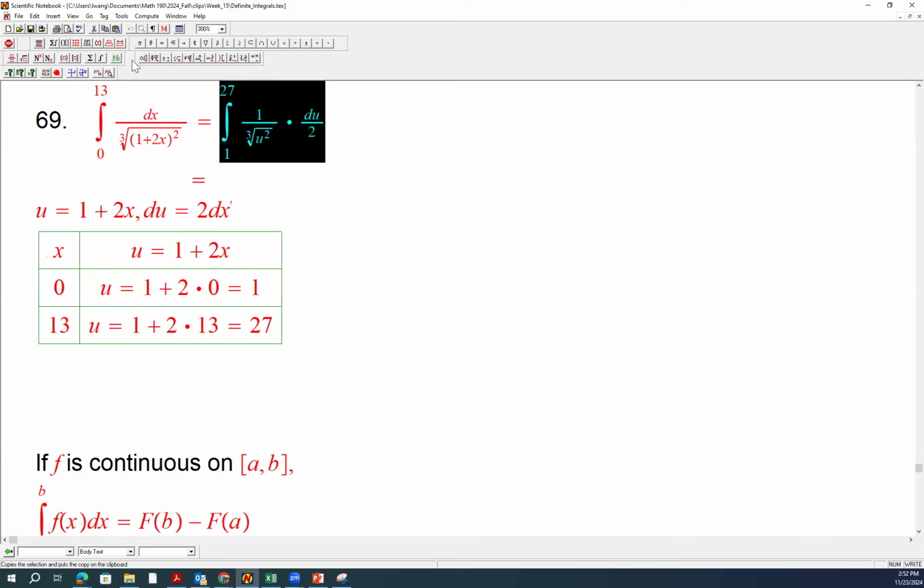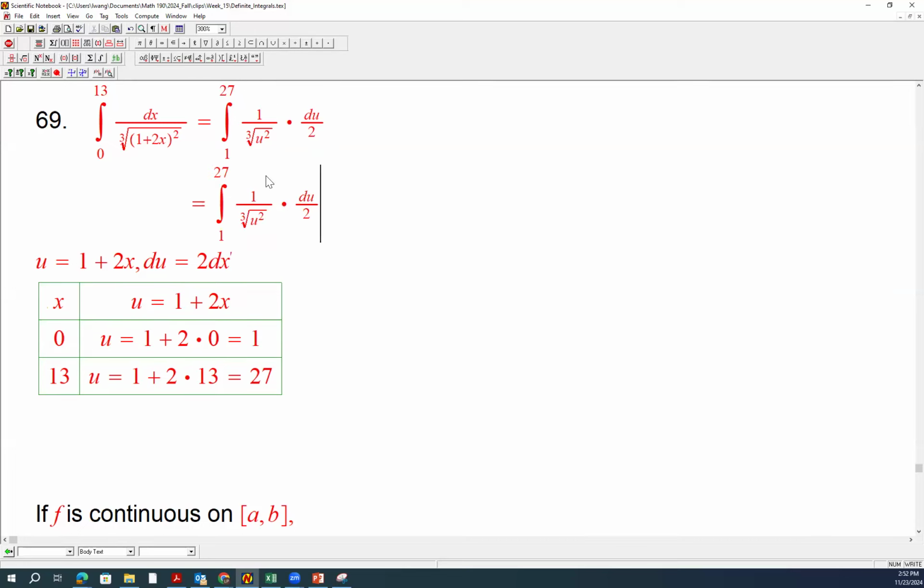We're probably thinking of the power rule, right? So in the next step, we simplify. We take the 1/2 out, so we just have a du here and half. Then u squared and the cubic root, all of this under 1 in the denominator. So this is u raised to the power of negative 2/3.